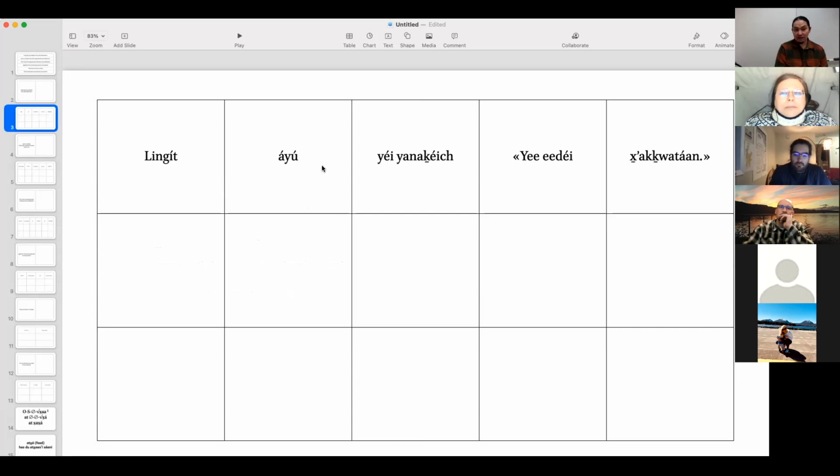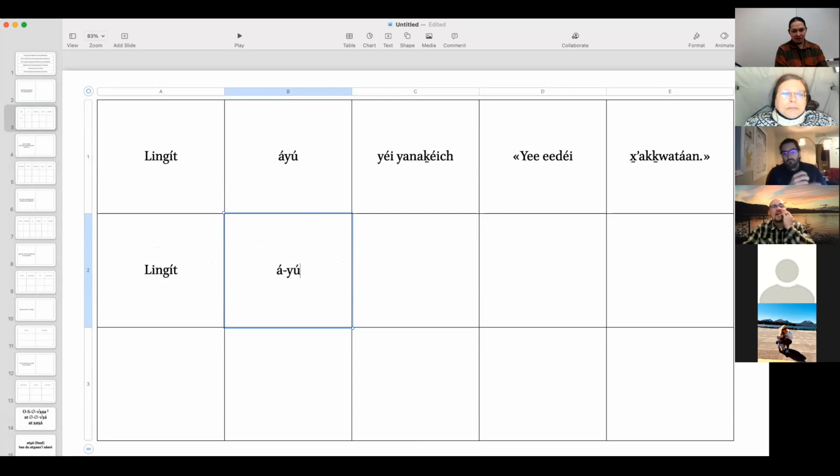Then a next step to help you see it is I could say that's Tlingit, that's you, that's yay. And now here's all the parts to the verb. I will pull this part out for you to help.